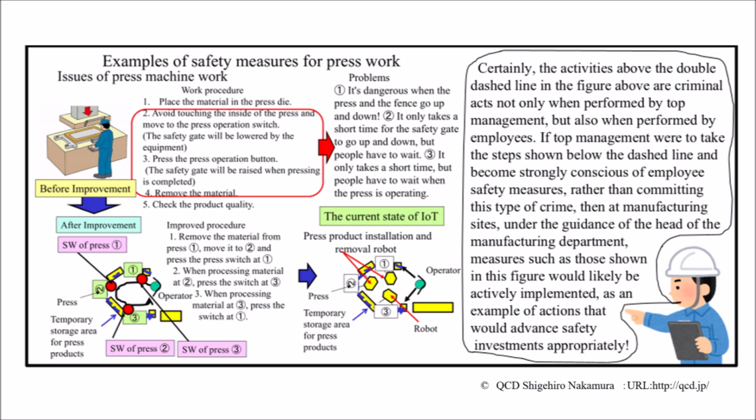In the past, cutting of hands and fingers was a major issue in this workplace. However, as shown on the right side of this figure, in the process that uses many presses today, when a person presses the lowering operation switch with the die called the ram, the person operates it completely away from the press where the ram descends, ensuring complete safety.